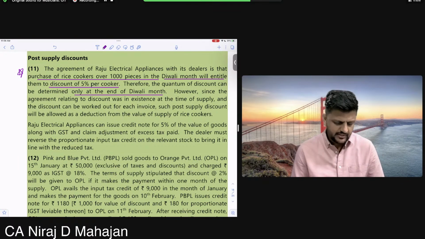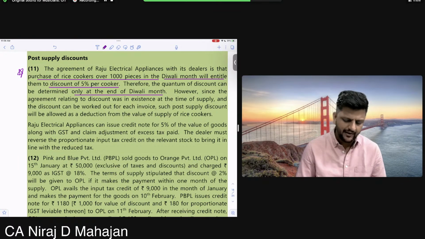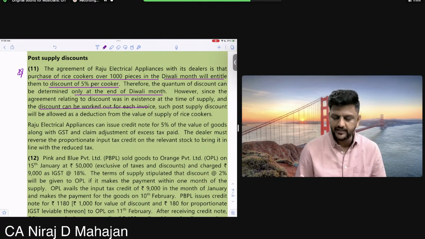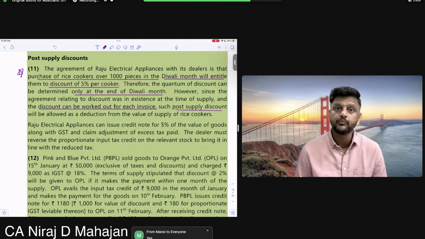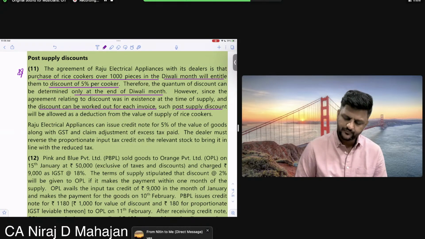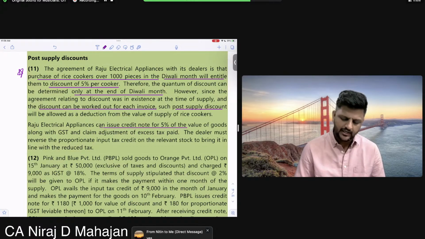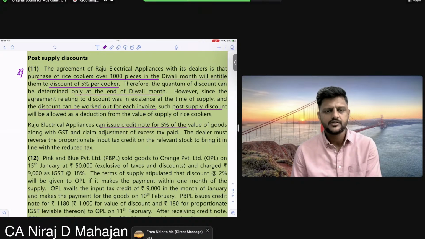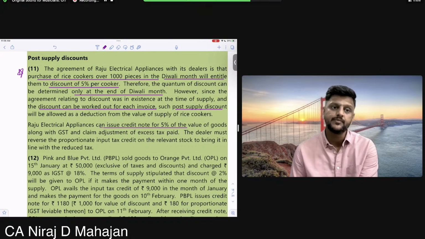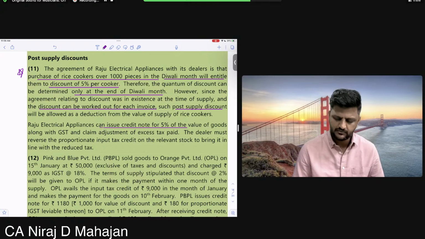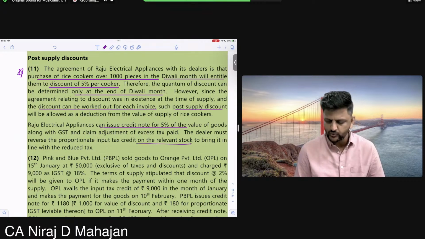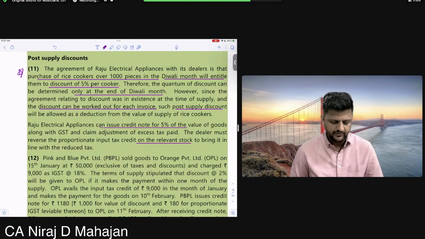However, since the agreement related to discount was in existence at the time of supply and the discount can be worked out for each invoice, such post supply discount can be allowed by issuing credit notes for 5% of the value of goods along with GST and claim adjustment of excess tax paid. That means supplier's liability will reduce and the recipient has to reverse input tax credit proportionately. The buyers must reverse the ITC proportion on relevant stock for which you are taking the benefit, to bring it in line with the reduced tax. Okay?